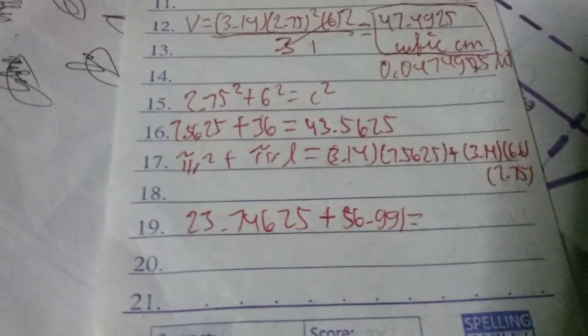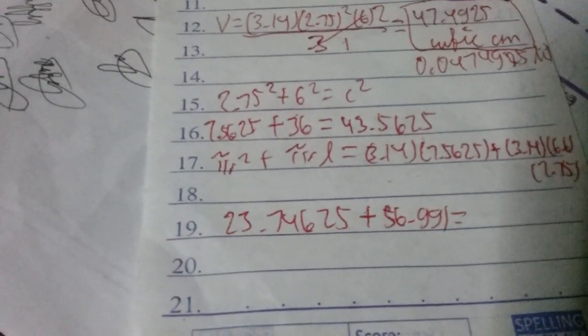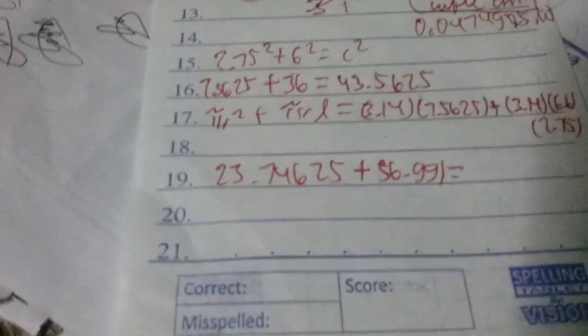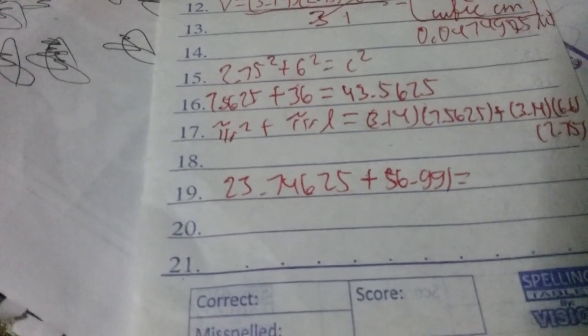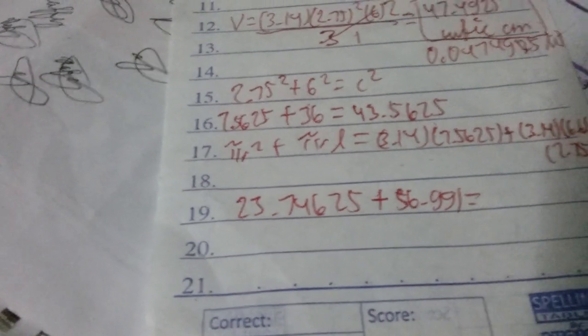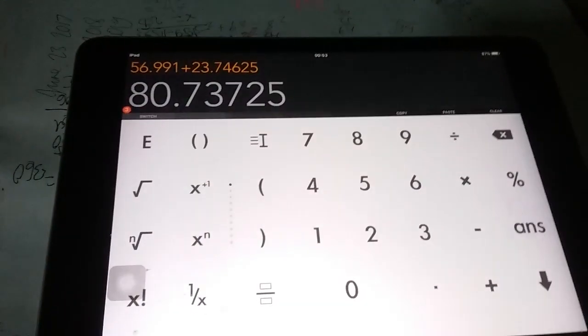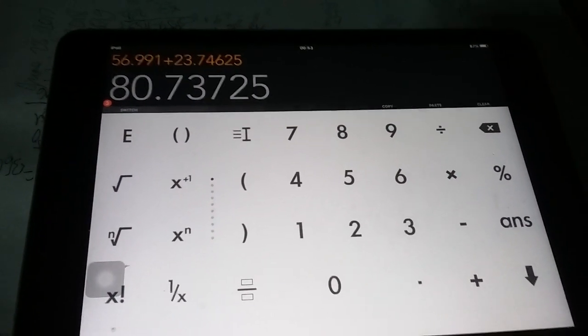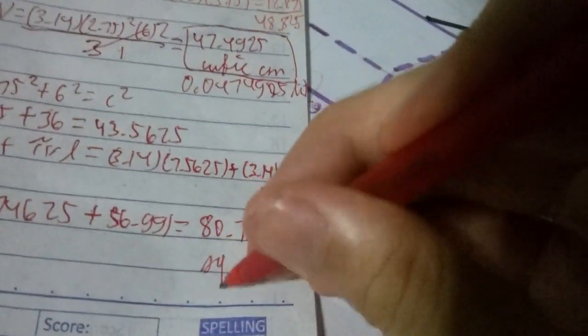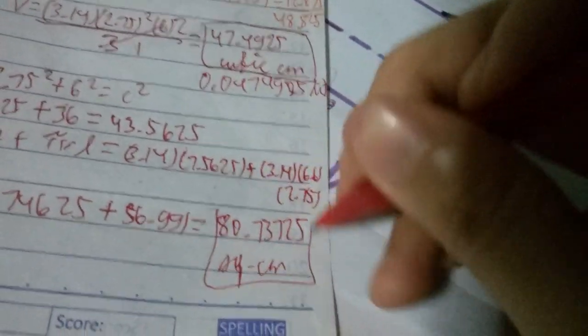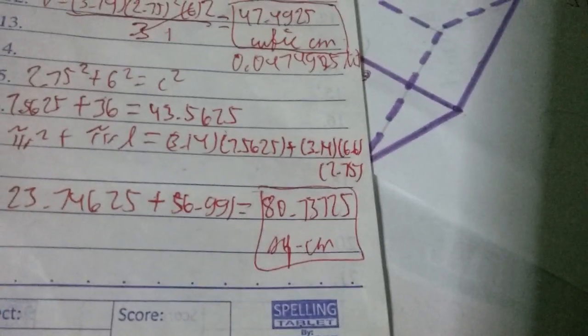Now when we sum this up all together, we should get yan, ito yung surface area ng cone. 80.73725. Okay? And that's it. We're done.